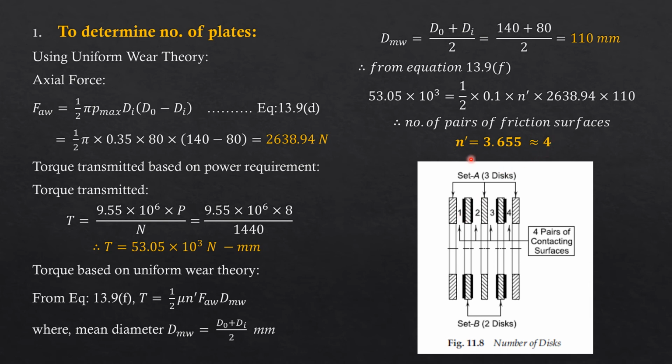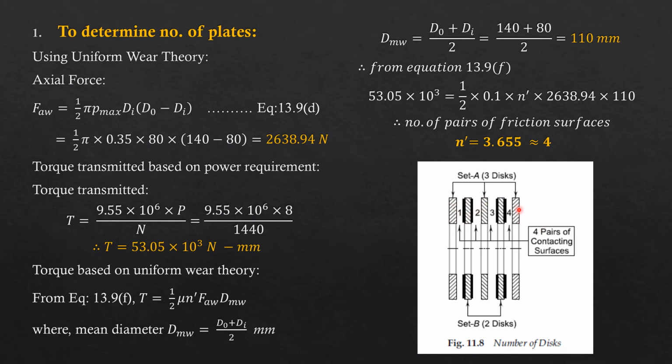Now, for n dash equal to 4, therefore, you will need 3 discs of set A and 2 discs of set B. That is, on the driving shaft you need 3 and on the driven shaft you need 2. All right. Therefore, you can say that the total number of plates is 1, 2, 3, 4, 5.